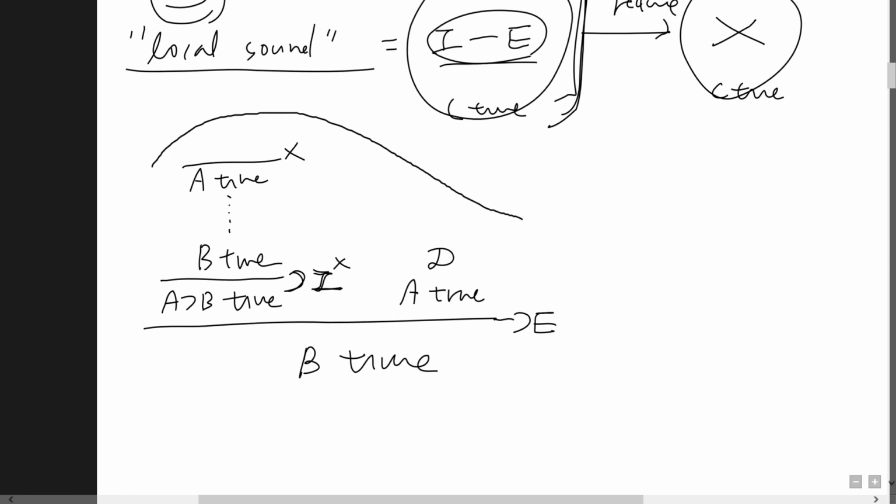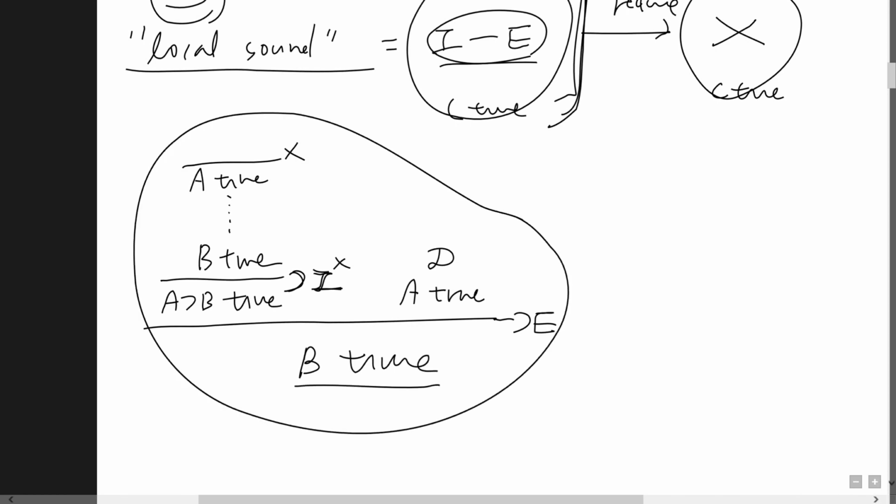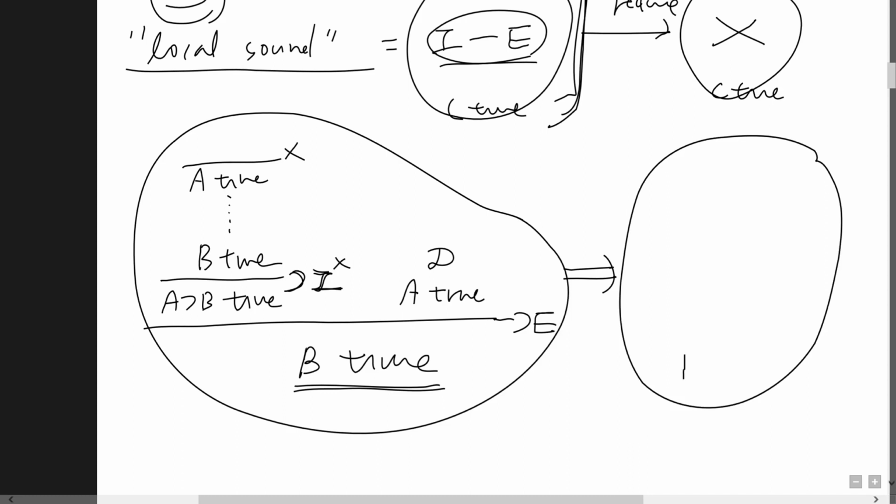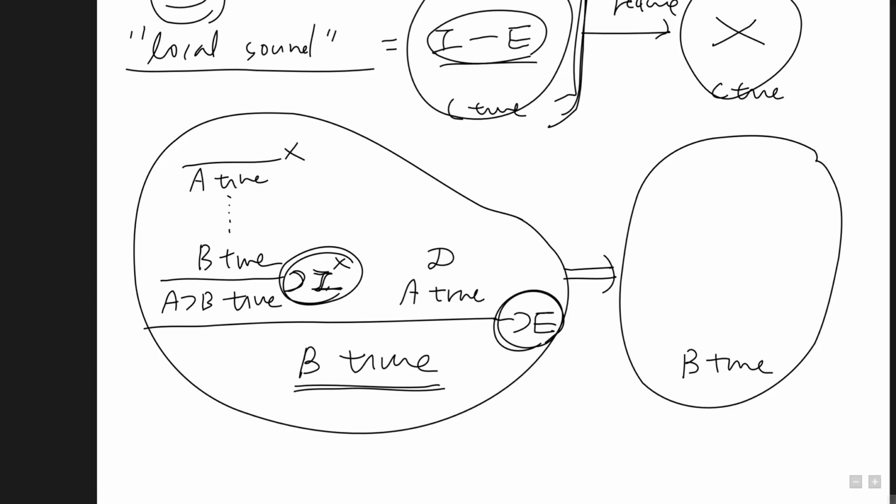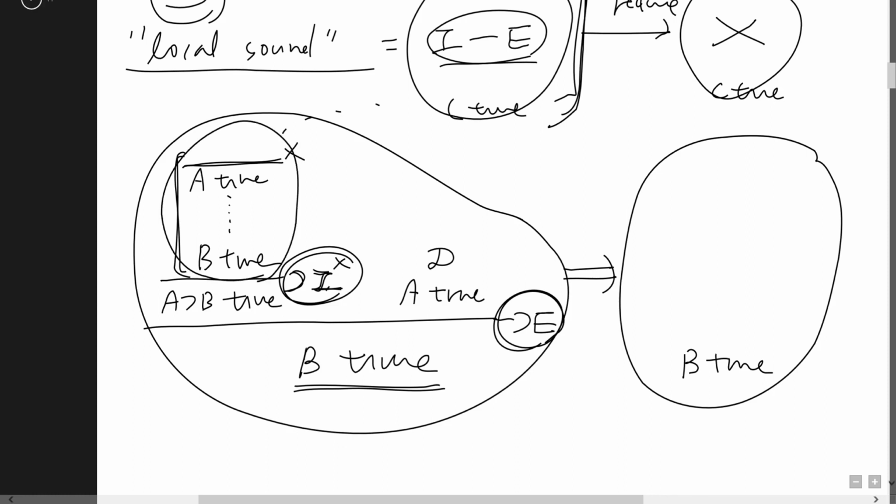So now we will have a proof of B true, and the question is, can we reduce this derivation tree, this proof, into something smaller, deducing the same judgment, but this time without taking this detour, intro followed by elim. And the idea is actually quite simple. We have a proof of B true, but not a complete proof. We almost have a proof of B true if you allow the use of this hypothesis. So you make a copy of this one here.